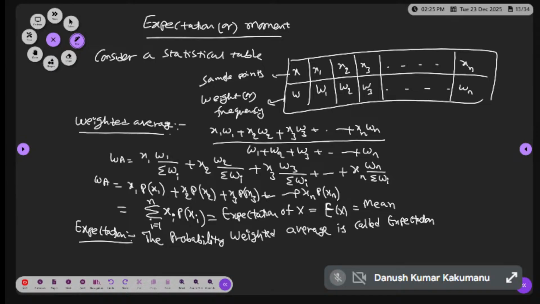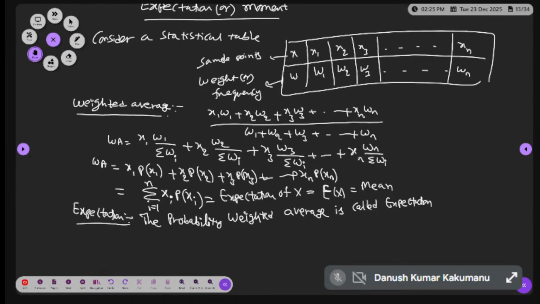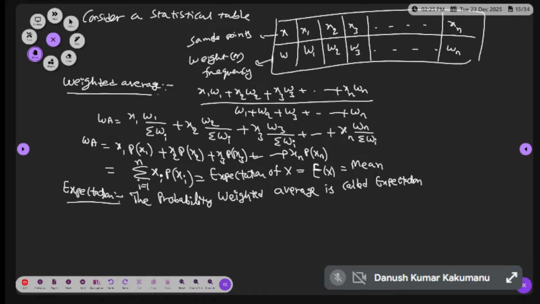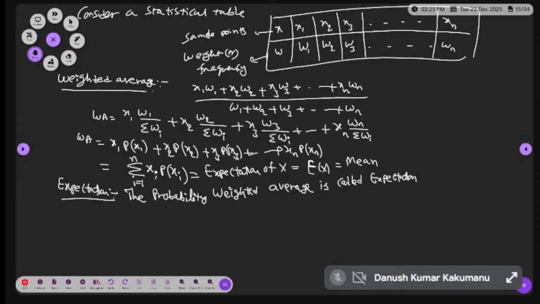Suppose you take the squares of the sample points, what happens here? See here, let us take squares of the sample points. These sample points squares.